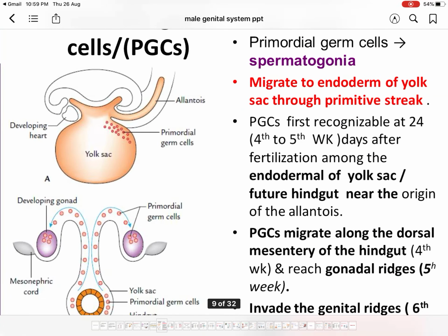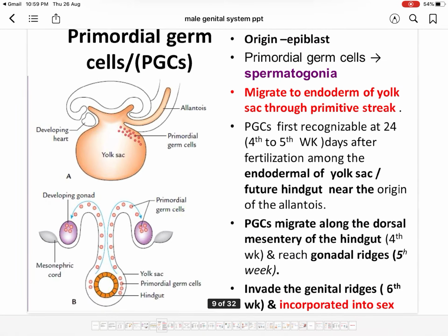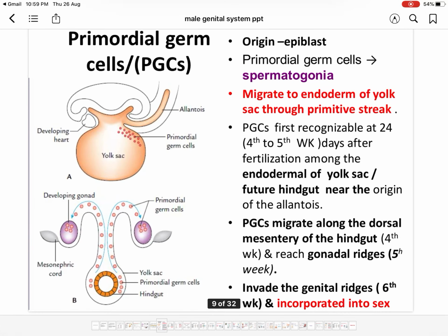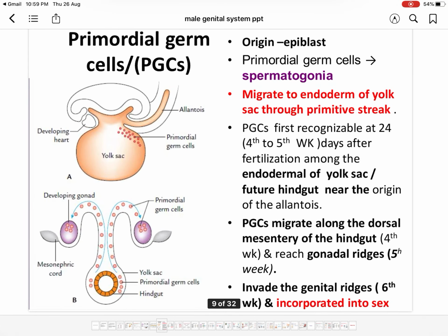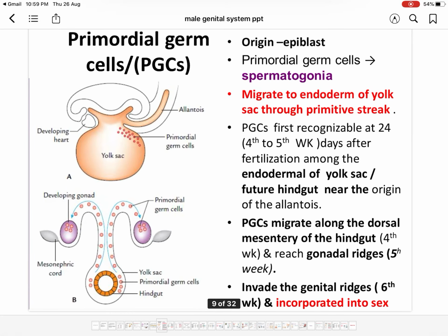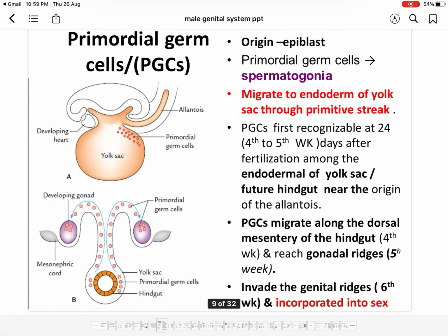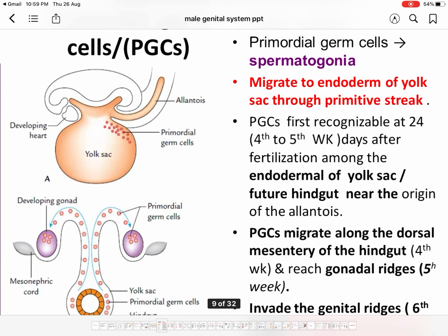Here you can see the primordial germ cells, which will form the spermatogonia, and these primordial germ cells arise in the epiblast cells. These primordial germ cells migrate to the endoderm of the yolk sac.